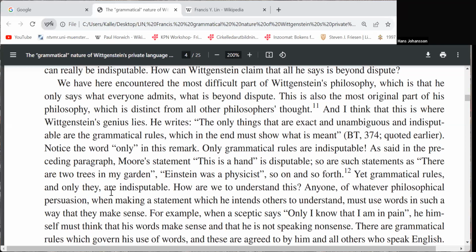Anyone of whatever philosophical persuasion, when making a statement which he intends others to understand, must use words in such a way that they make sense.